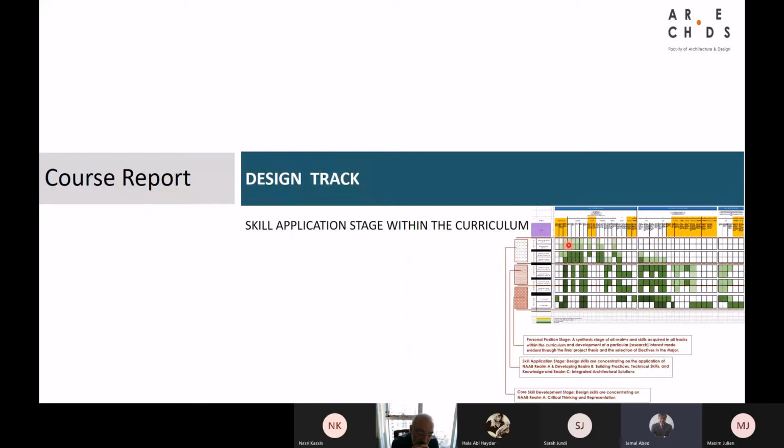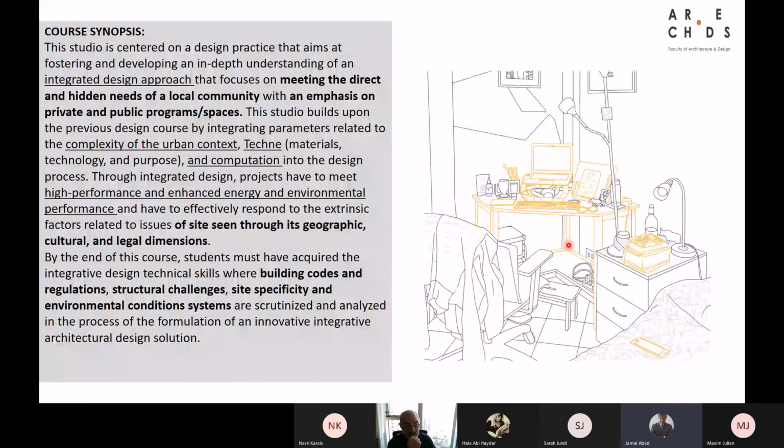The course synopsis, again, it's a bit long, but it talks about integrated design, meeting the direct and hidden needs of a local community, emphasizing the private versus the public program spaces. It wants to address students to the complexities within an urban context, the dimension of technique and computation. Computation meaning looking into the performance of the building in terms of energy and environment.